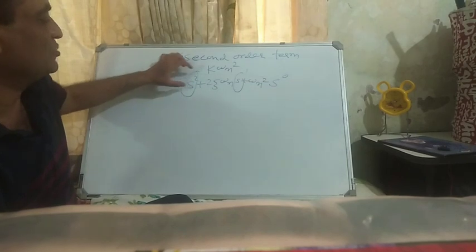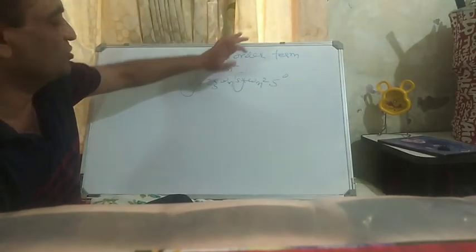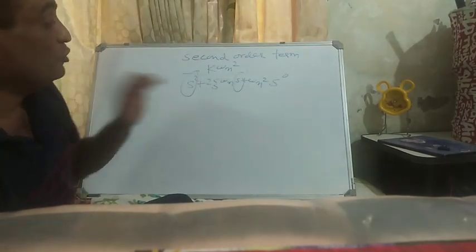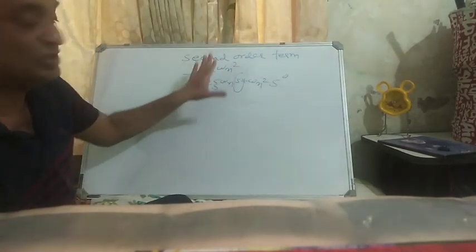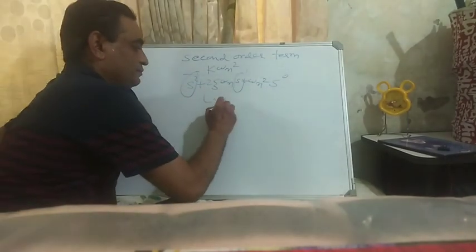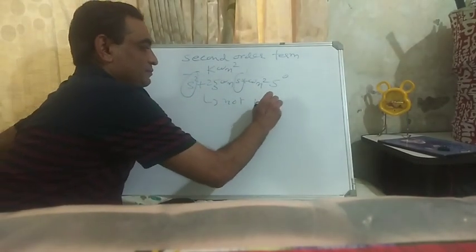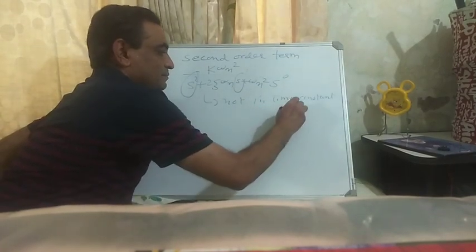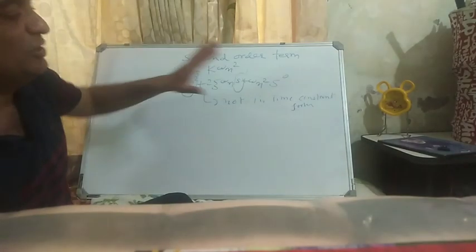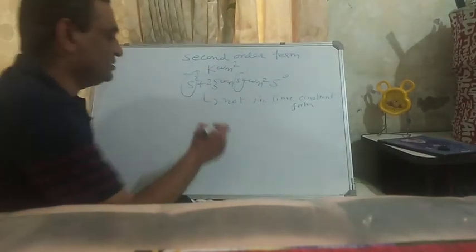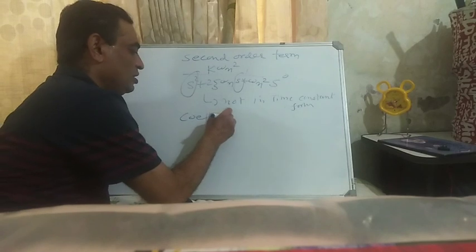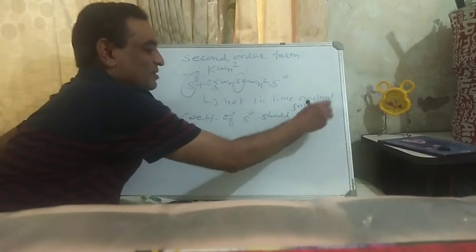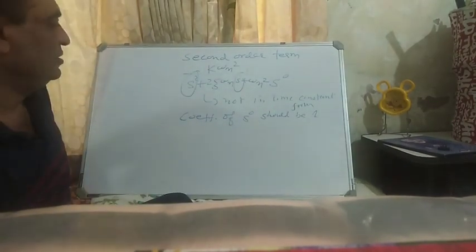So the coefficient of s raised to 2 is 1, the coefficient of s raised to 1 is 2 xi omega n, and the coefficient of s raised to 0 is omega n squared. Now this is not in time constant form, so I need to convert this term into time constant form. Time constant form means the coefficient of s raised to 0 should be 1.